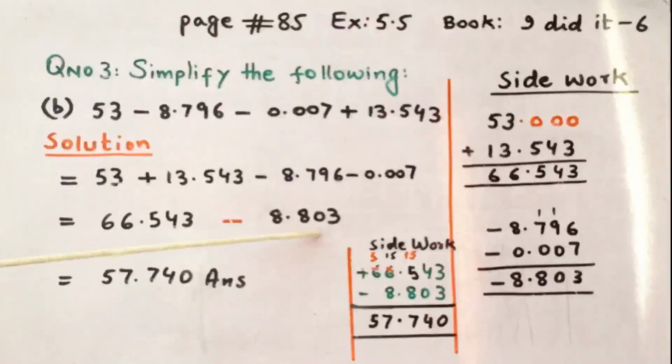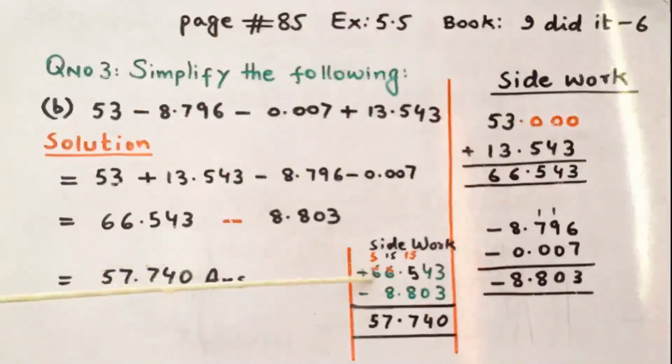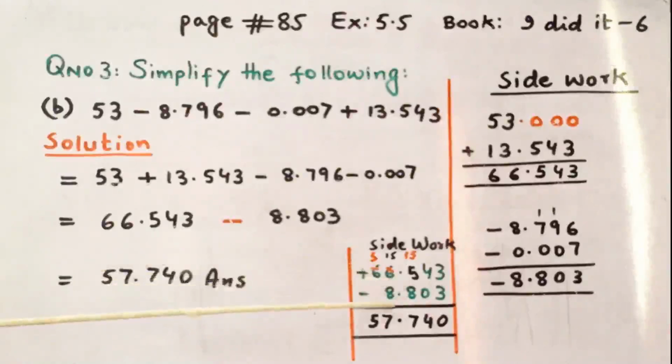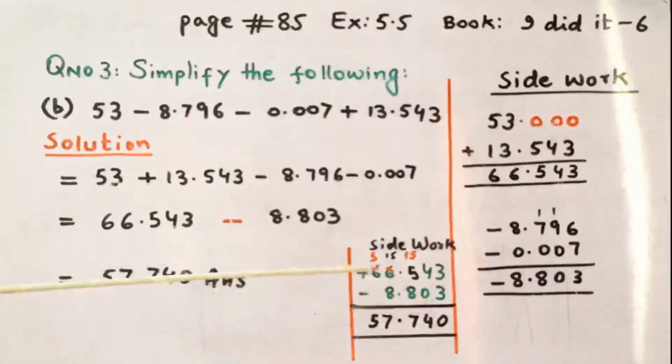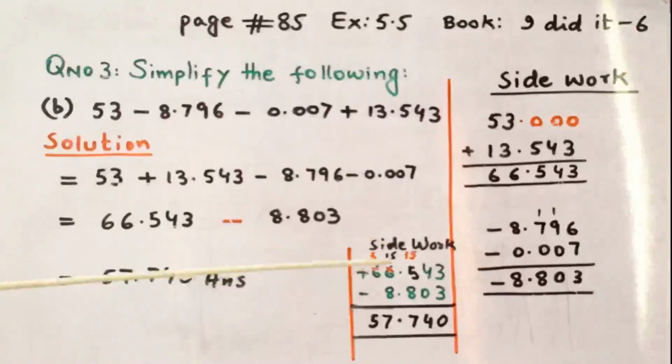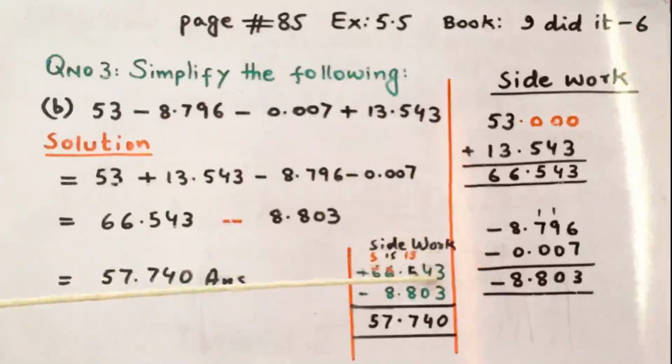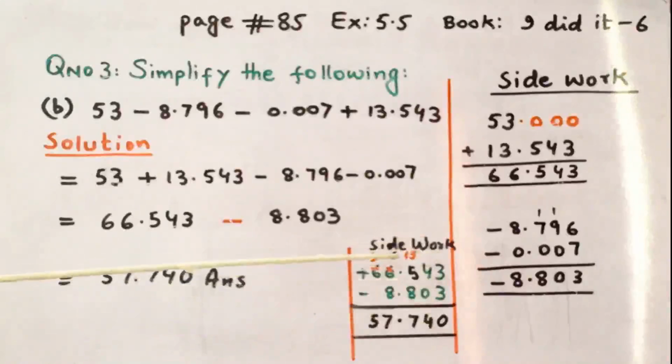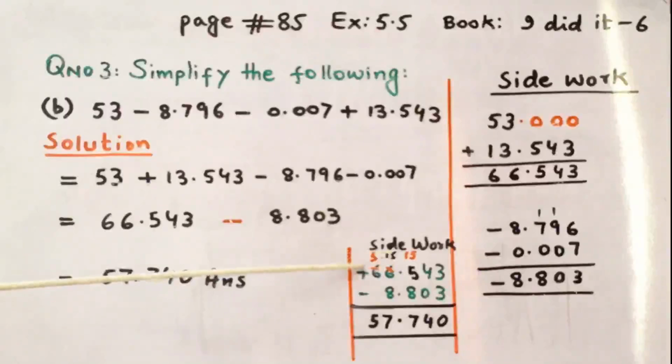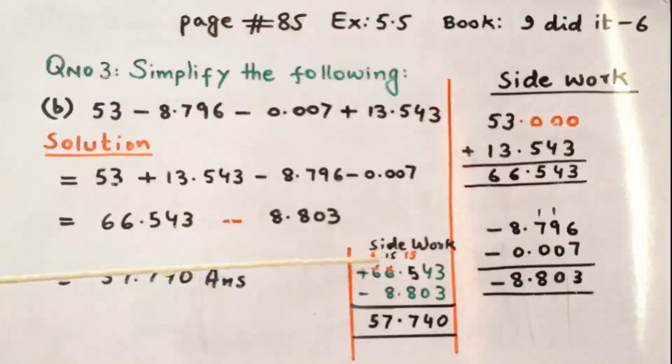Now you have to solve these numbers. 66.543 minus 8.803. Write down in the side work. 66.543, then 8.803. 3 minus 3, 0. 4 minus 0, 4. 5 is less than 8, so you have to take carry from this 6. 5 is left.